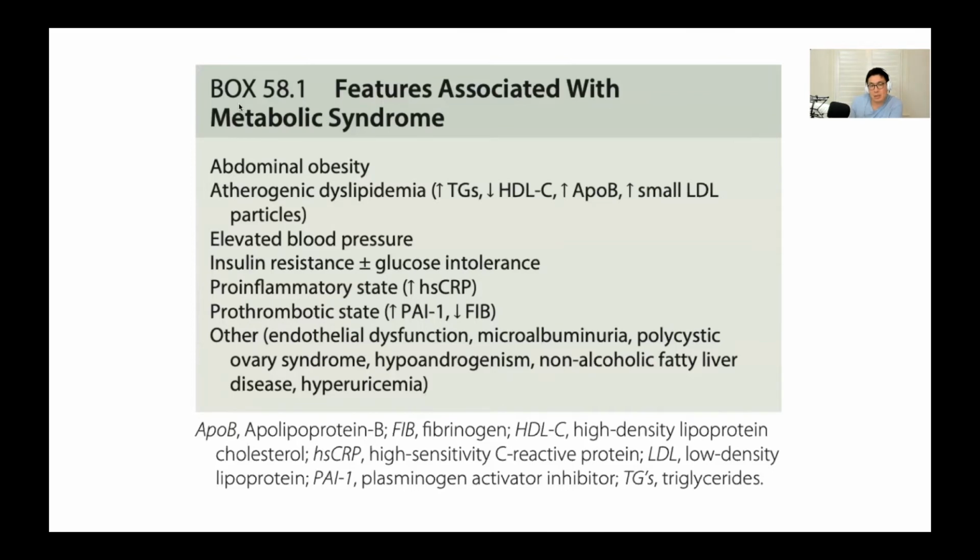So this table is from Miller's 58.1, and these are the features associated with metabolic syndrome. There's quite a bit here to unpack, and again, a lot of information. But one of the things that stood out to me were these ones here: atherogenic dyslipidemia, elevated blood pressure, and that's just from your renin-angiotensin-aldosterone system, a pro-inflammatory state, a pro-thrombotic state, and endothelial dysfunction. And these were all the key concepts that were mentioned in the examiner's report.